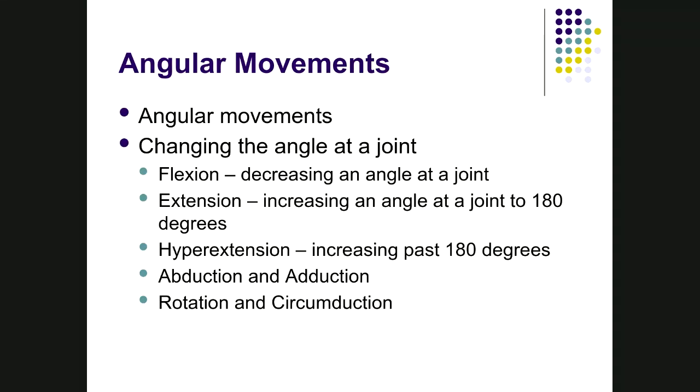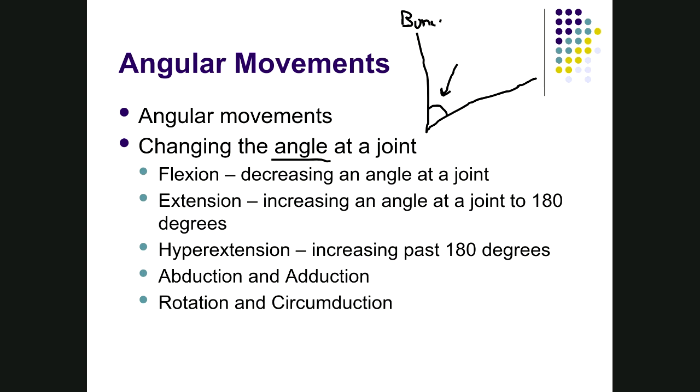We can also have angular movements. So angular movements are when we change the angle at a joint. So if you remember from geometry or trigonometry or something, here we have an angle, and there's an angle in degrees right here. So we have 2 lines and where they come together, but this could also be 2 bones where they come together.